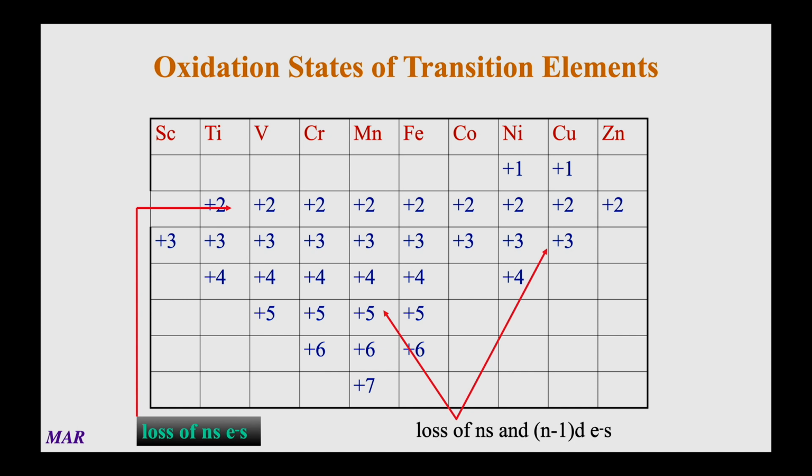Once you go past +2, though, that's when you start losing the d electrons. So if scandium has lost a 3rd electron, that 3rd electron will be the 3d electron. So the first 2 electrons out are the ns, and the remaining electrons out are n-1 d. So for scandium, that would be 4s electrons first, and then 3d after that, etc.